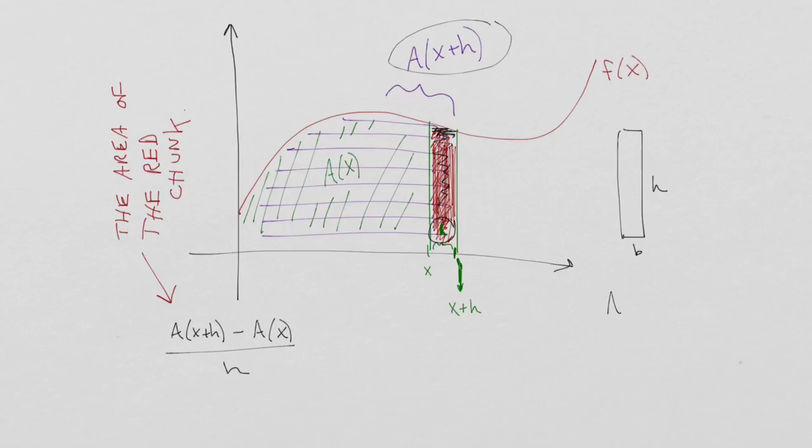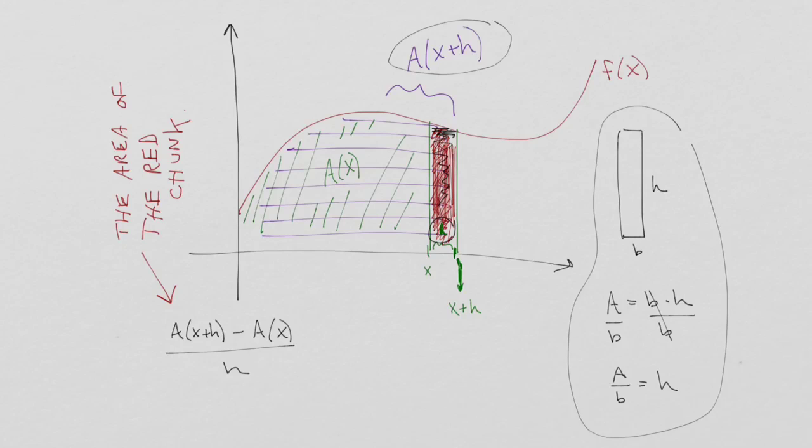If I know that the area is equal to the base times the height, let's pretend that I divide both sides by b. I'm left then with the height, right? This is a little bit confusing because I'm calling h a different thing here, but hopefully you're tracking with me.